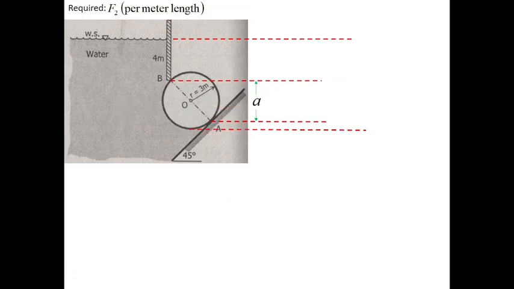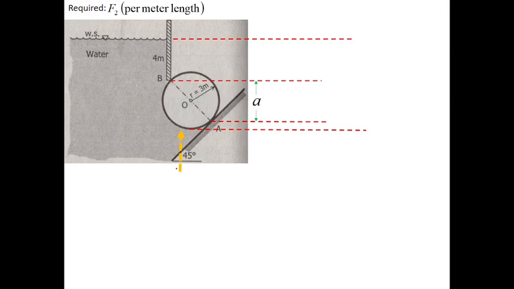So, next is F2, finding F2. Ito kasi, sa case na to, the water is below the curved path. So, in that case, analyze natin.